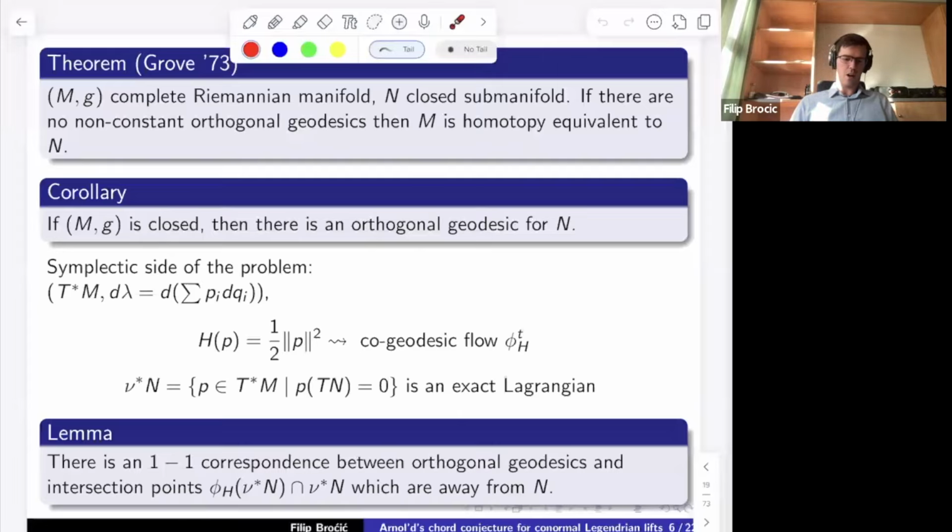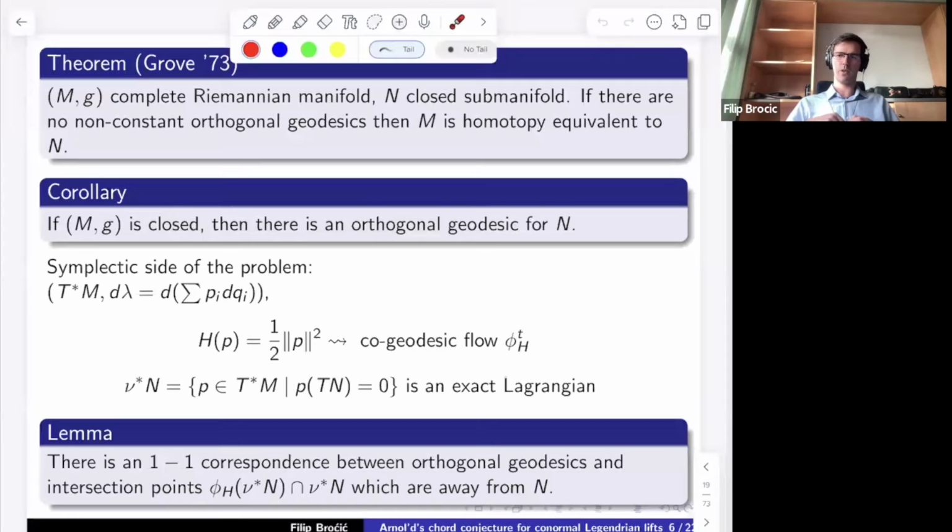Also, if we take the conormal Lagrangian to the submanifold N of M, which is the set of all covectors in the cotangent bundle such that p vanishes along the tangent space to N, this is an exact Lagrangian, and we can prove the lemma that there is a one-to-one correspondence between orthogonal geodesics to N and intersections between the time one perturbation of the conormal bundle with the conormal bundle, which are away from our submanifold N. Since kinetic energy vanishes along the zero section, it leaves the zero section stationary.